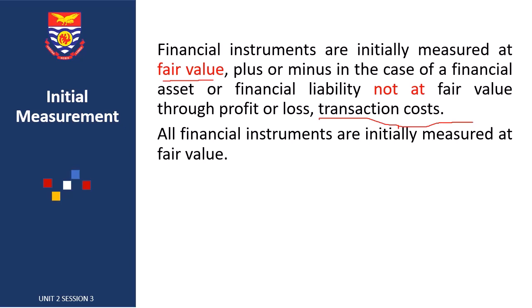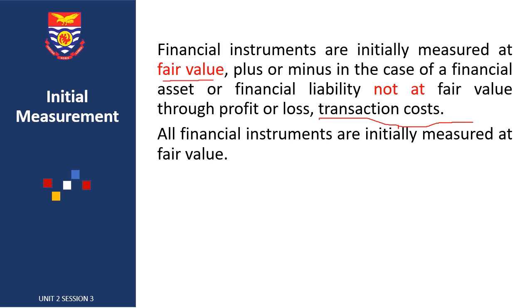But in a situation where you are measuring the instrument through profit or loss, then you have to expense the transaction cost in profit or loss. You don't bring it here. But if you are not measuring the instrument through profit or loss, you have to add it to the fair value. It's either you add or you subtract.